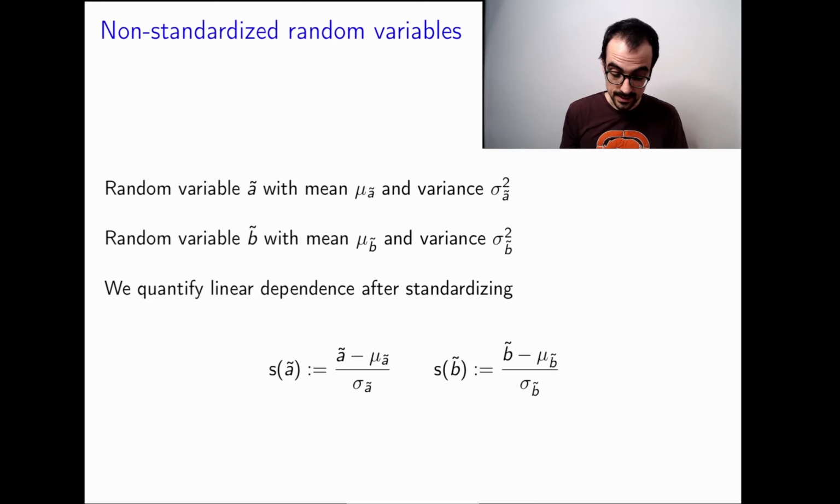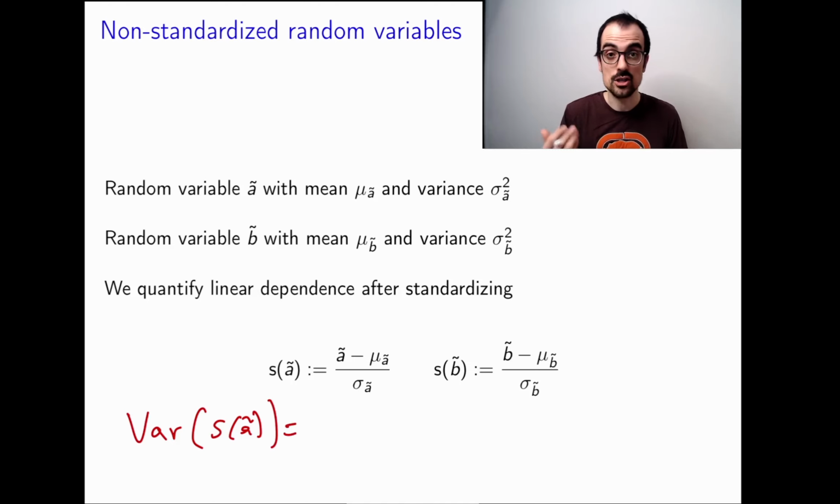And let's take a look at their standard deviation. If we consider the variance of S of A, then because S of A is zero mean, as I have just shown you, this is just equal to the mean squared.